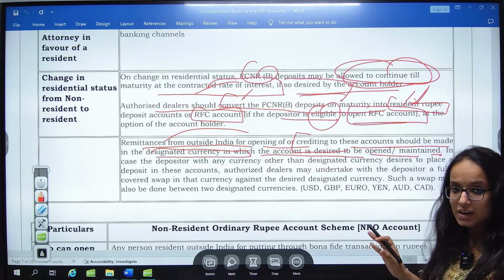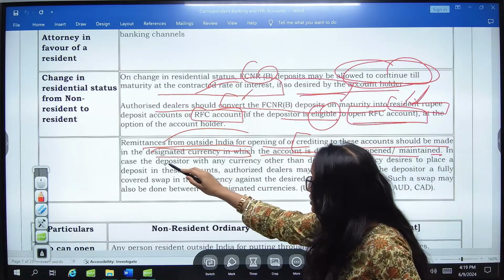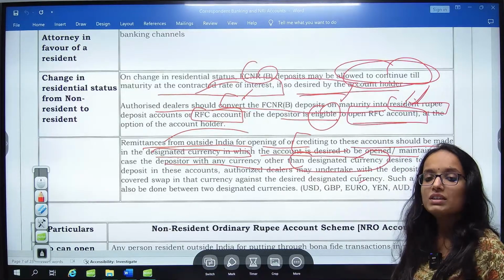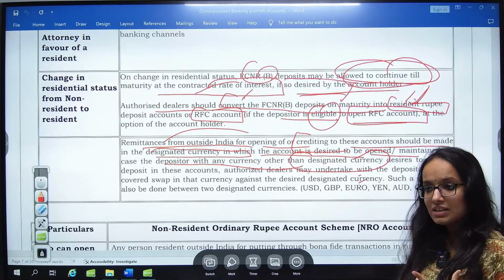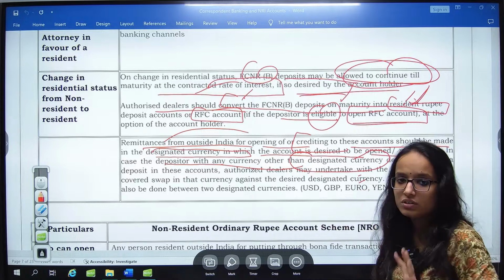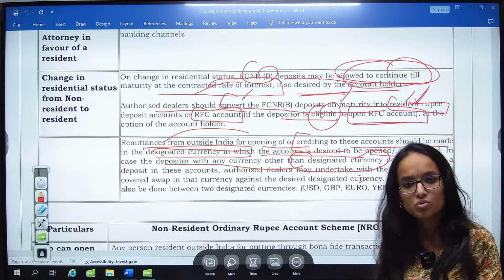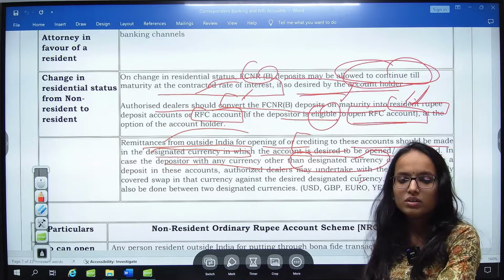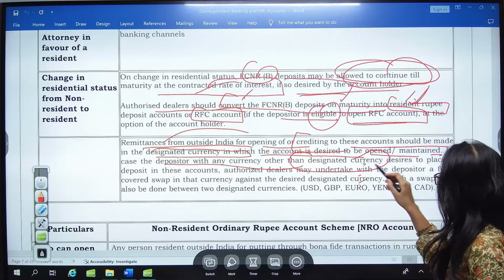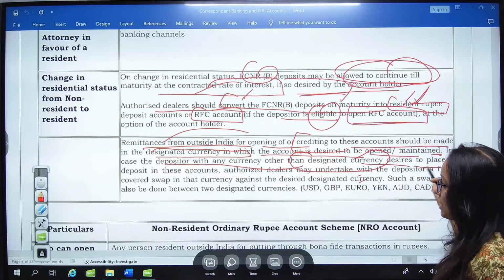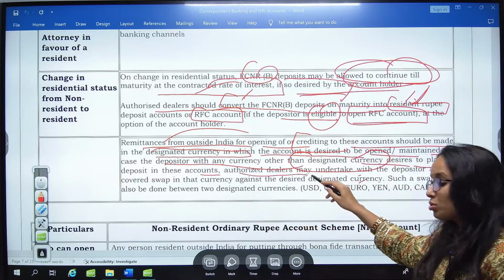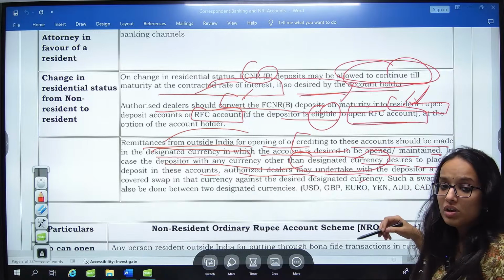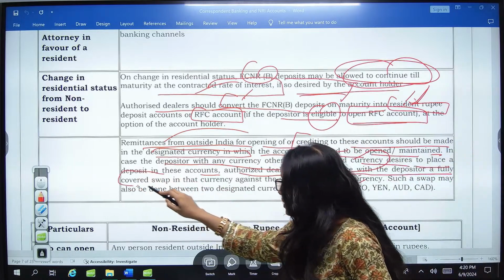But in case the depositor has a currency other than the designated currency, other than those designated for this purpose, then you can have a currency swap, exchanging the principal and interest amount for the other currency, right? If a depositor with a non-designated currency desires to place a deposit in this account, then the authorized dealers, those banks, may undertake with the depositor a fully covered swap in that currency.